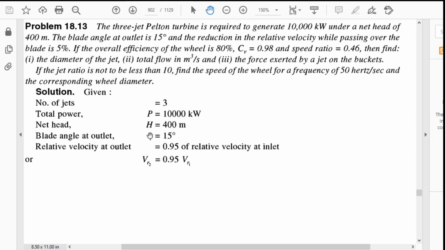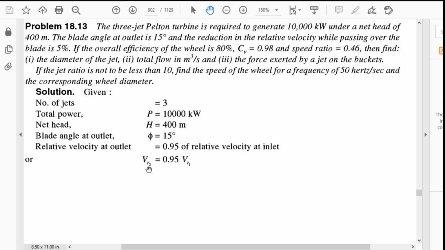So the guide blade angle, that is phi, at outlet is 15 degrees, and the reduction in the relative velocity while passing over a blade is 5%. That means the relative velocity at outlet will be 5% less than the relative velocity at inlet.